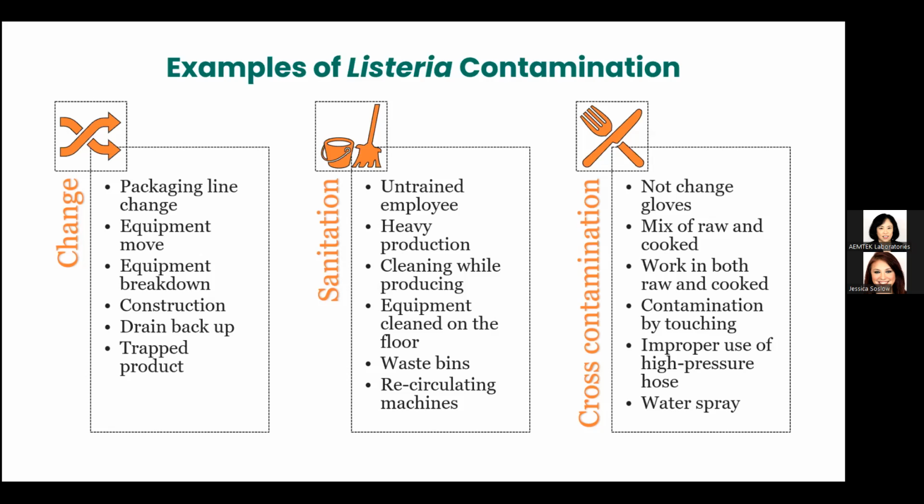Things like that should be addressed in the food safety plan, and you should have production well designed. But when you're short-staffed, when you're busy, you move people around, that's when things may happen. Personnel handling ready-to-eat food can come into contact with contaminated items, right? And the big thing is sometimes the indiscriminate use of high-pressure hoses in cleaning, which is documented to cause problems, like you're splashing everything on everything else.